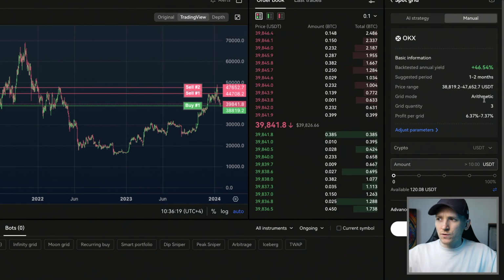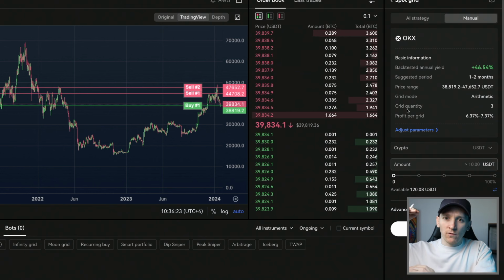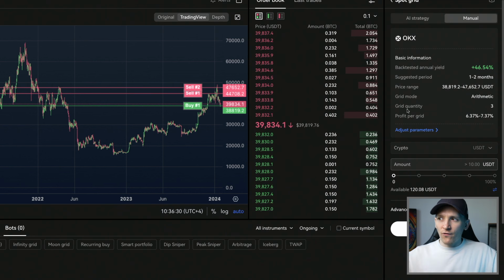Then you can choose the grid mode and the amount of grids. So between a certain price range, you can choose to have 2 grids or 200 grids. And all of this is going to affect how often the bot trades, and the profit per grid and how much in general that it's going to yield you. So you can change all of that.